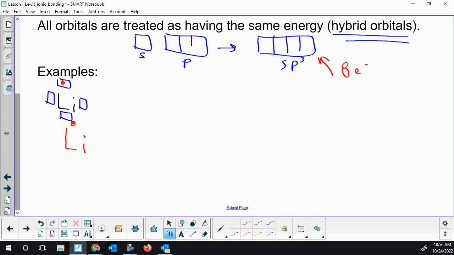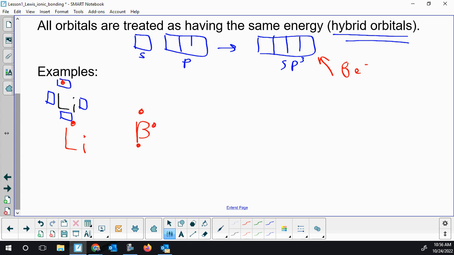Going to move over a couple to boron. Boron is in group 3A, and everything in the 3rd group has 3 valence electrons. The outer energy level has 3. So I'm going to go 1, 2, 3.